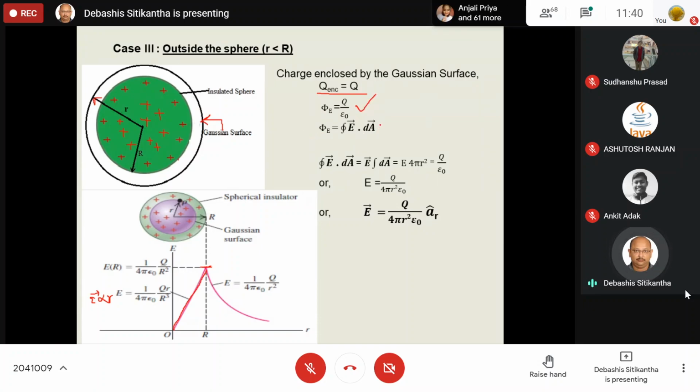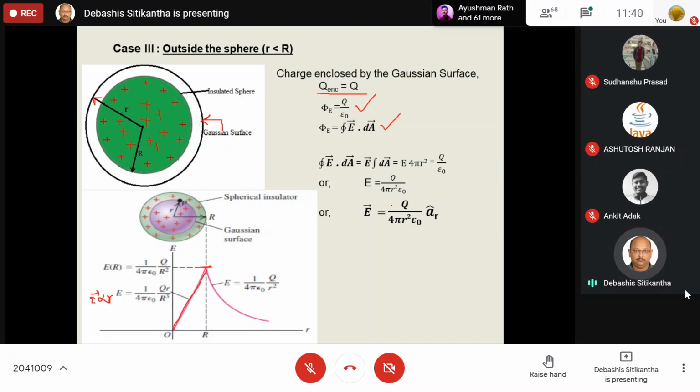Next, from the generalized expression of electric flux, we have this one equal to Q by epsilon 0. Now, this one integrated over the entire closed surface of the sphere is equal to 4 pi r square. So ultimately, E is equal to Q by 4 pi r square epsilon 0.